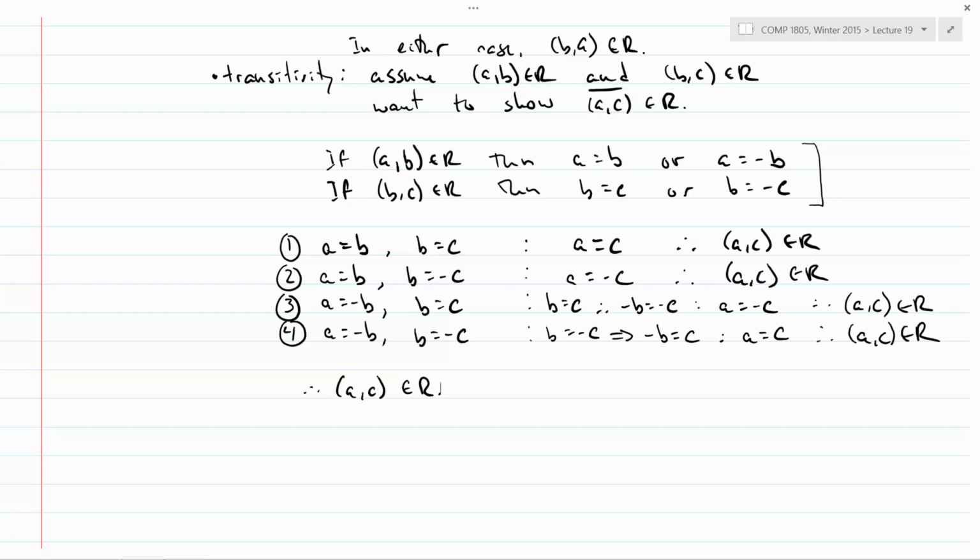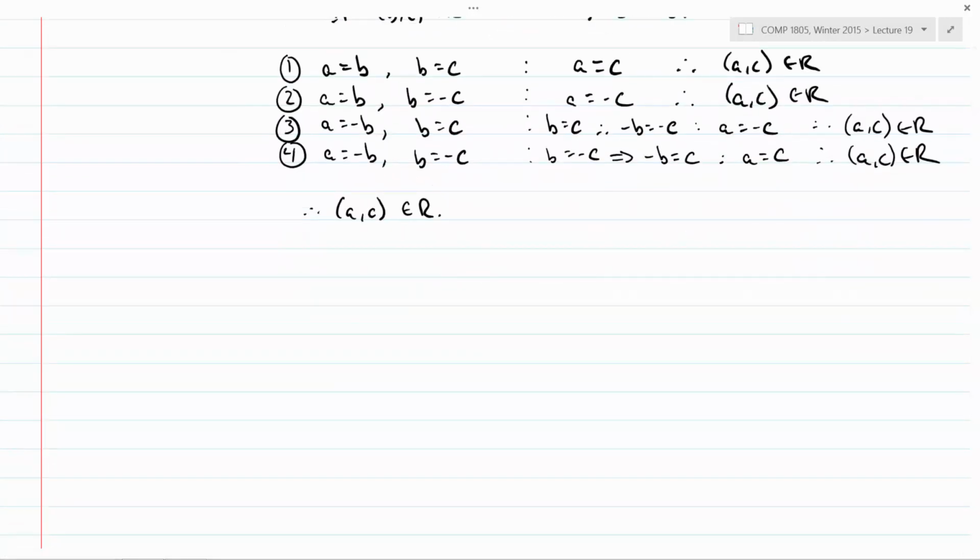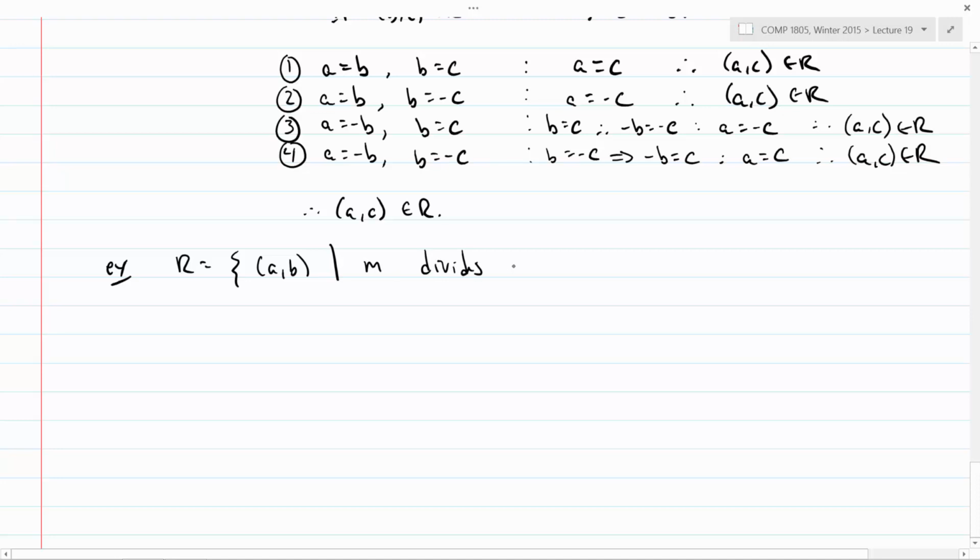All right. So this is just an application of what we did previously. So let's see another example. This one's more of the same. This one's a little bit tricky until you get comfortable with notation. So it's (a, b) such that m divides a minus b.